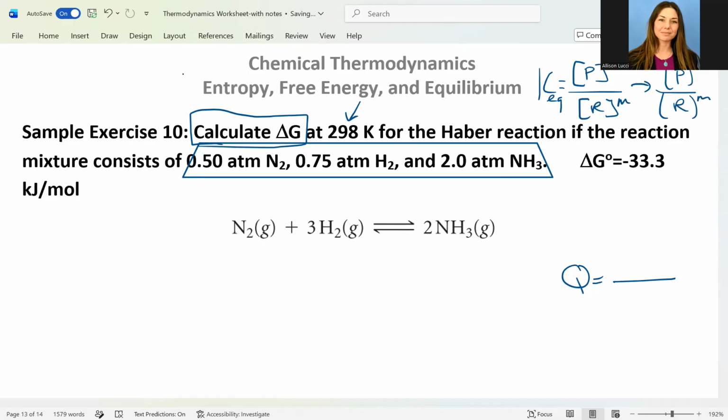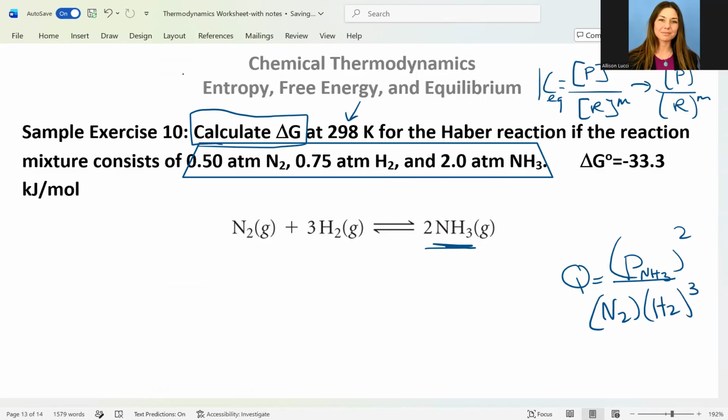So we have the pressure of our sole product here, pressure of NH3, and we're going to have to remember to square that. And then in our denominator, we'll have our reactants, so N2 to the first power, right? We don't need to write anything there. And then H2 is cubed.